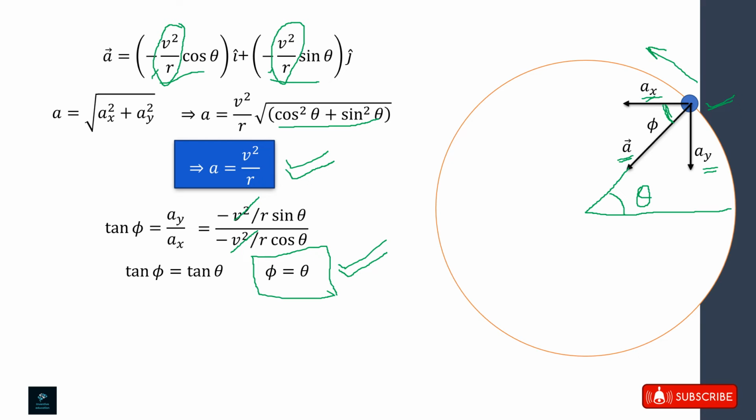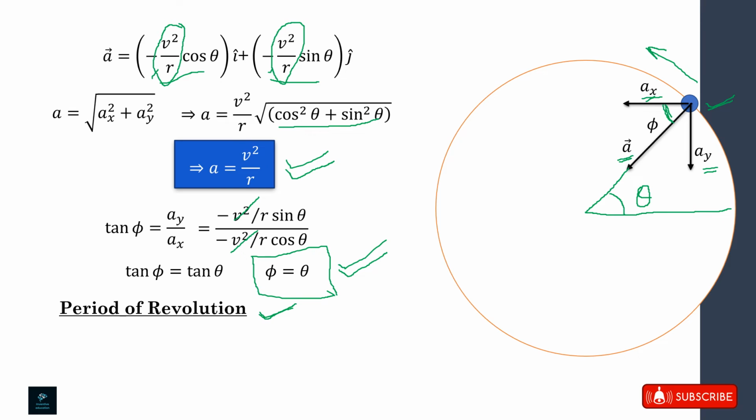Now, another question we would like to address is the time taken by the object to complete one revolution. This time is called the period of revolution. So we will now obtain the period of revolution. In one revolution, the object covers a distance equal to the circumference of the circle.